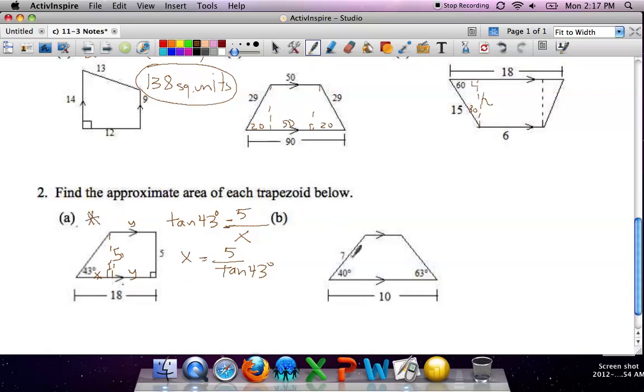So finish 2A, and a hint for 2B: make some right triangles. So finish 2A and 2B, and we'll reconvene tomorrow in next class.